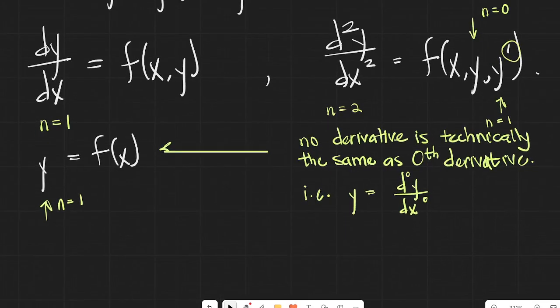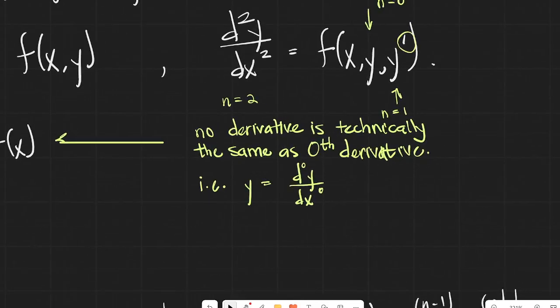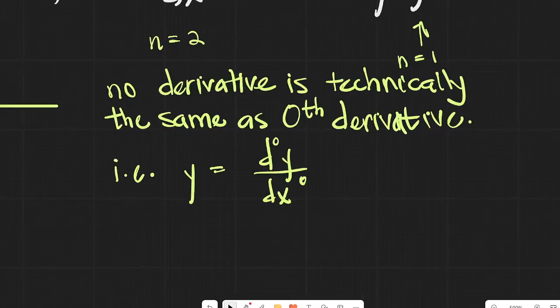Now, similarly, if y, this is just n equals 0, right? That's just the 0th derivative. So again, that's just what I was saying. No derivative is technically the same as a 0th derivative. However, we would never write that. You could just write dy dx.